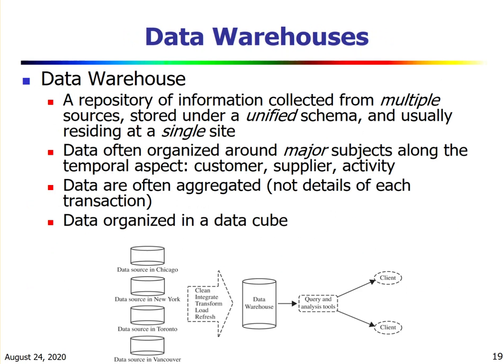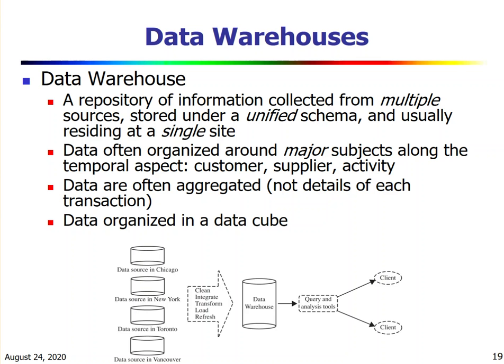In contrast, relational databases, earlier we also showed that relational databases can be aggregated into a data warehouse in our data mining processes slides, right? So in contrast, the data warehouse is a repository of information or data collected from multiple sources, might be multiple relational databases.